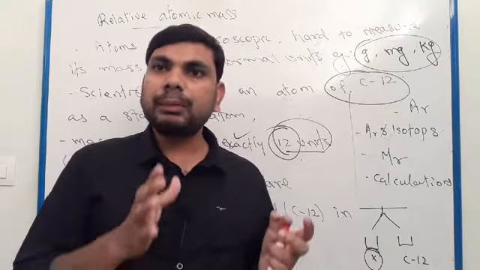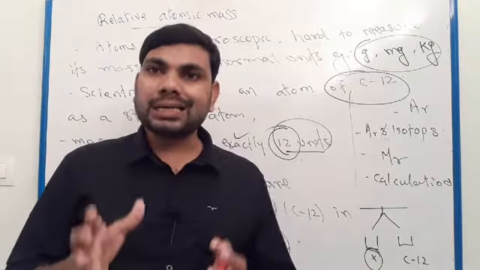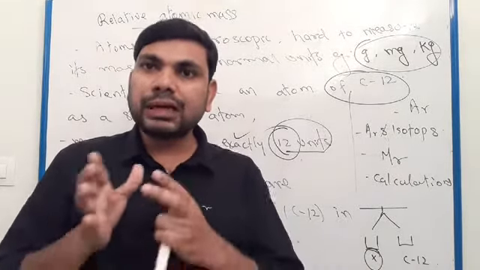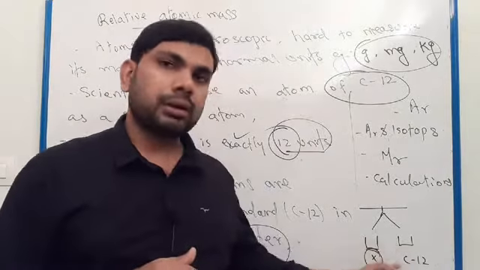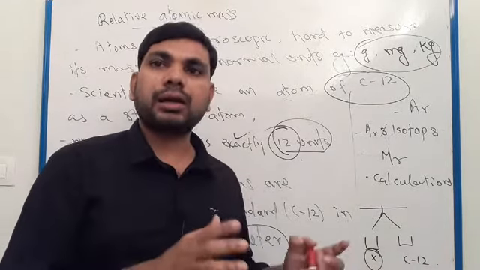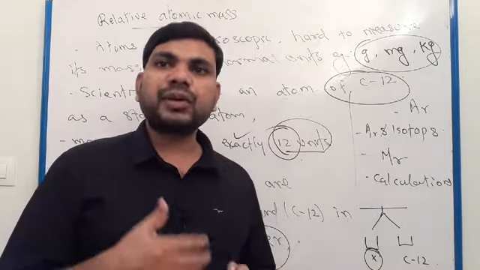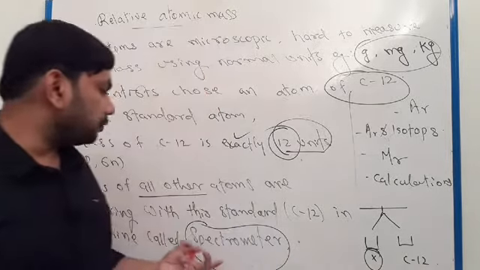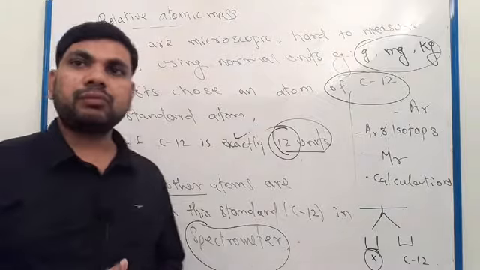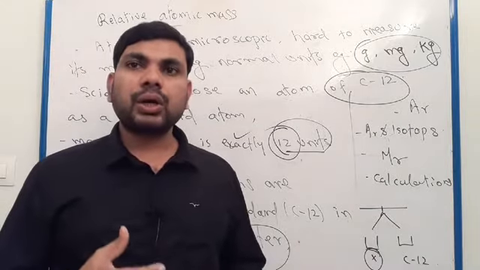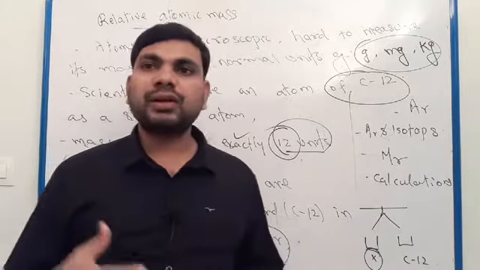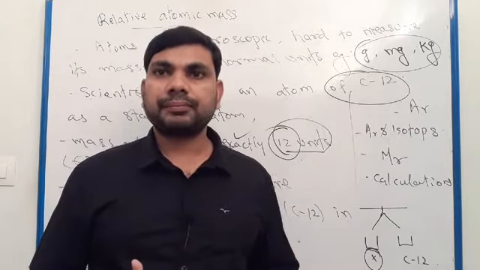So how will we measure the mass of an atom? We will compare it with the mass of carbon-12. Which instrument are we using here? We will use a spectrometer to measure the mass of different atoms. Clear?